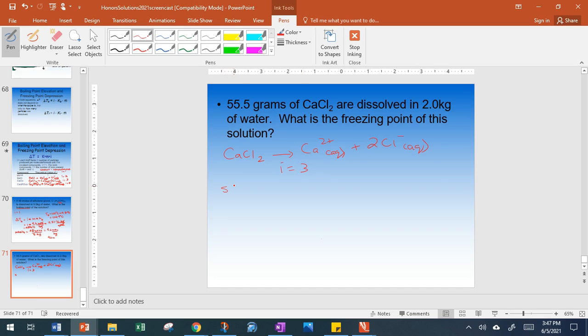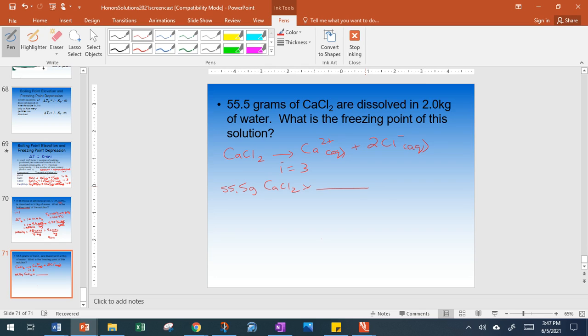Okay, so we also have to figure out our molality. So we have 55.5 grams CaCl2. And then we're going to calculate the molar mass of calcium chloride. So let me get my periodic table out, and let's figure that out.